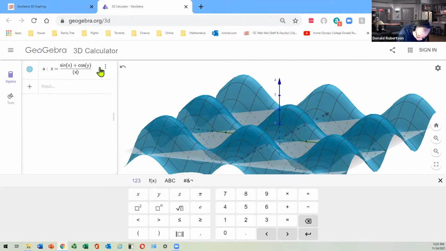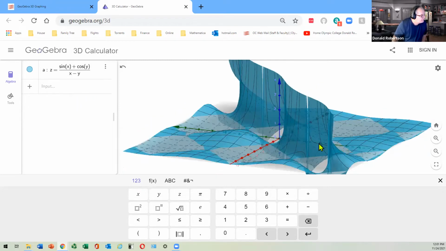So let me see if I can ask it to do something very weird. Right, do you agree that is a pretty interesting function? Aren't there going to be problems at y equals x? So you imagine on the floor y equals x, there is going to be a whole load of explosions. That's my guess. Whoa, now.